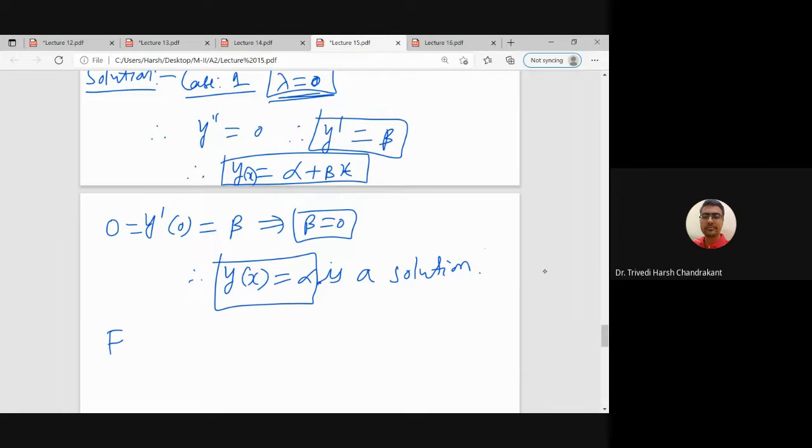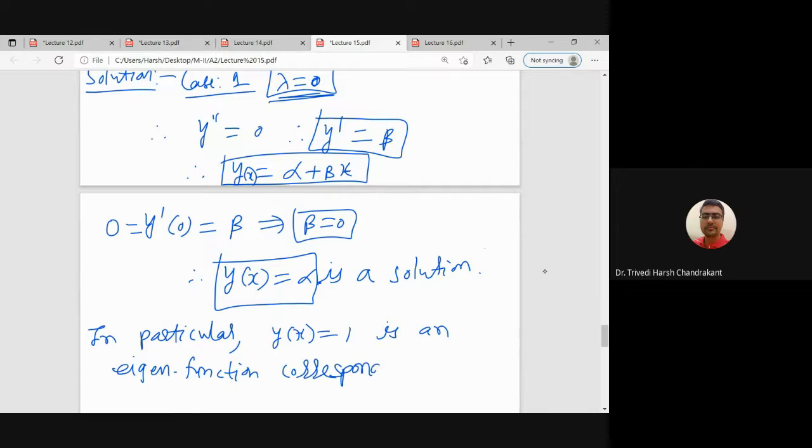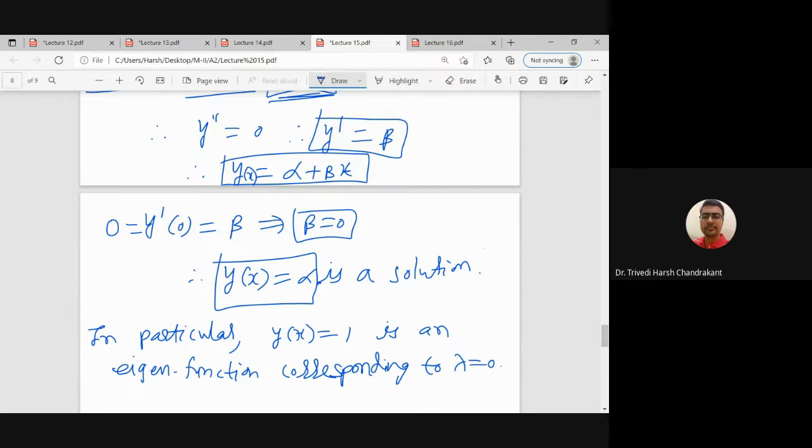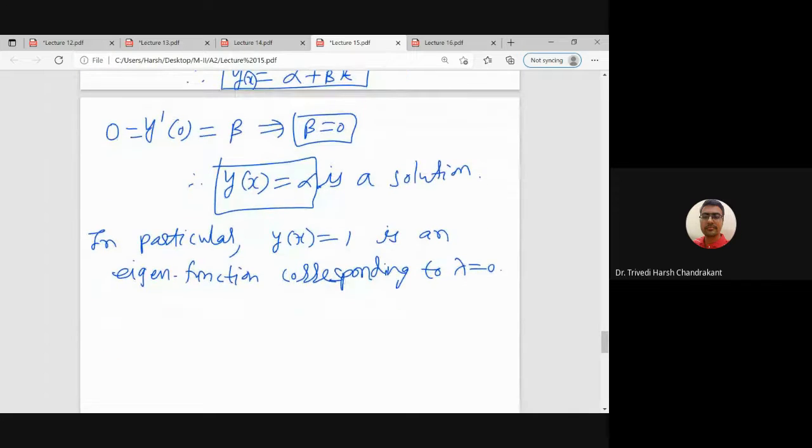So for example, or in particular, y(x) is equals to 1, the function which is taking value 1 everywhere, is an eigenfunction corresponding to lambda is equals to 0, right? We cannot take alpha 0 because that will become 0 function and an eigenvector cannot be 0.